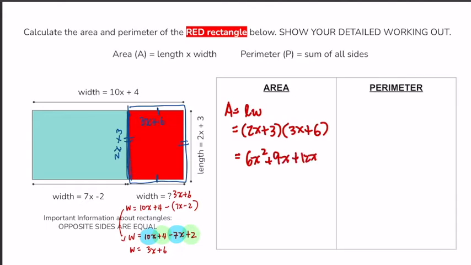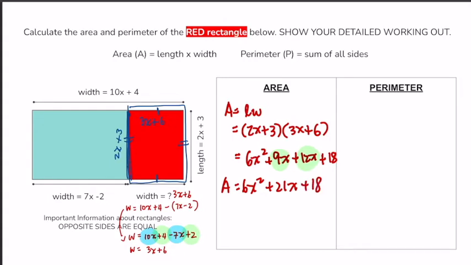And then lastly, 3 times 6 gives you 18. Again, we have like terms. They are like terms because their variables are the same and it has the same index. And we end up with the area being 6x squared plus 21x only, because we are adding, we are not multiplying, therefore you don't square the x.